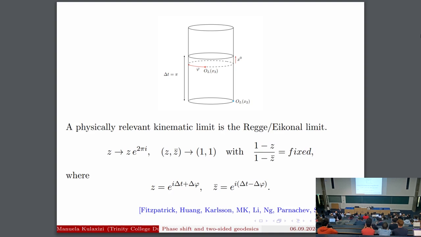Now here, delta t equal to pi is the difference in time in pure AdS, but there is a little shift. This is like x naught and phi, delta t, let's say, and phi, for the two operators where we place them.